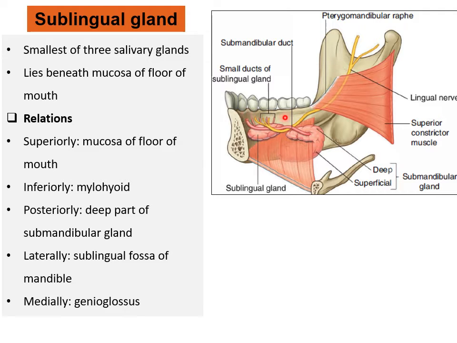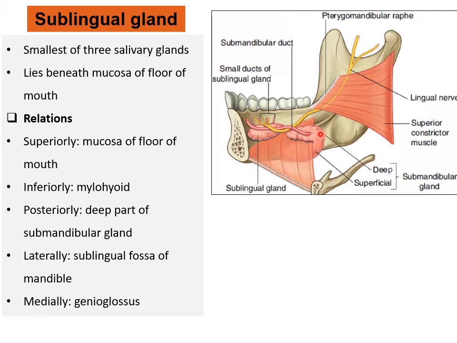What is this? I will try to explain. This is the mandible, as you know. It has a ramus and body. On the internal surface of the body, there are two depressions. The depression in the upper part is called sublingual fossa, which is a little small.